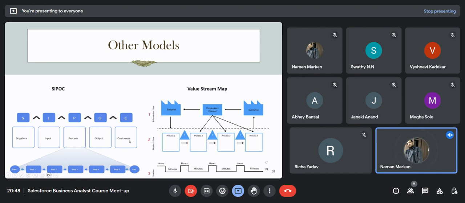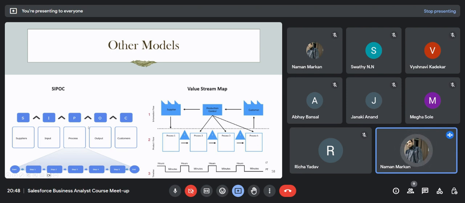This is a basic model which gives you a five-step understanding of who is involved, what exactly their work is, what exactly we needed, and what the output will be, whether a customer is getting involved from the input side or only has an end result, and what the suppliers and resources for input are.